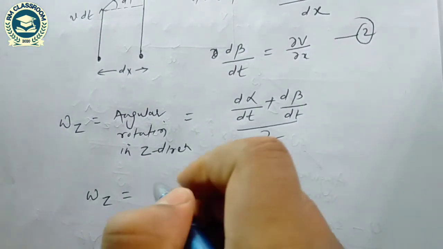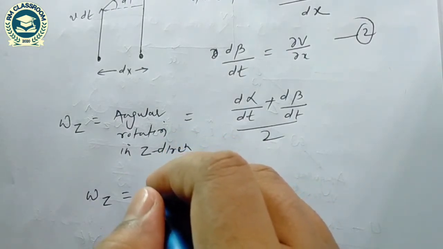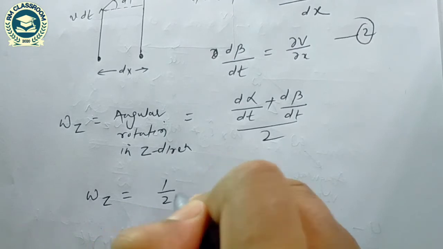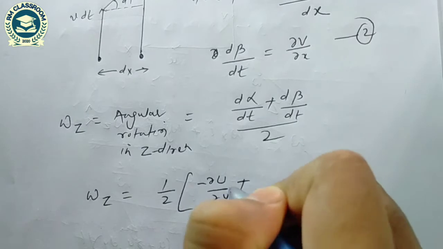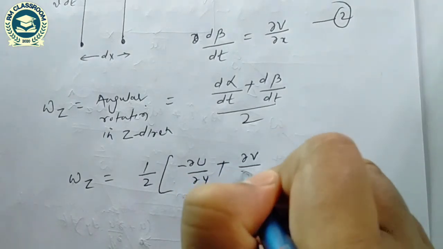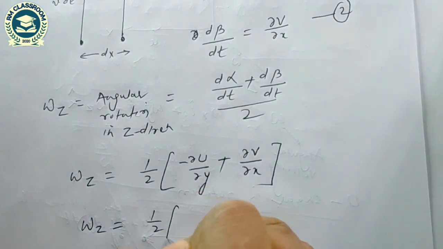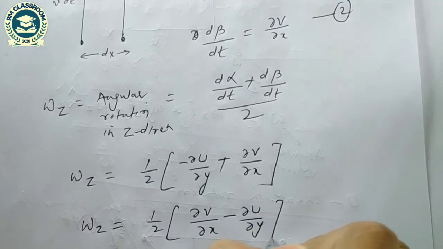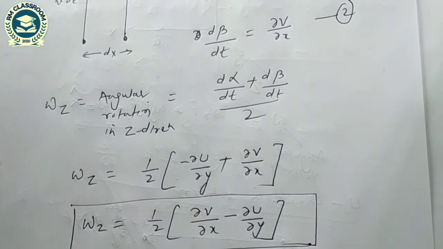So omega z is equal to 1 by 2 times d alpha by dt, which is minus del u by del y, plus d beta by dt, which is del v by del x. So omega z is equal to 1 by 2 del v by del x minus del u by del y. This is the angular rotation in z direction.